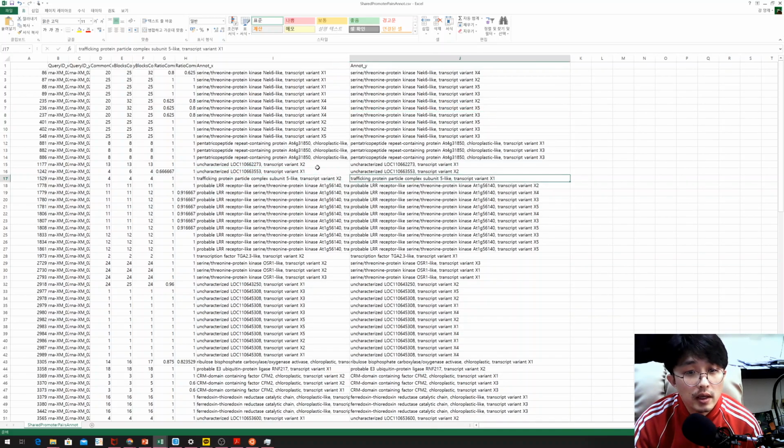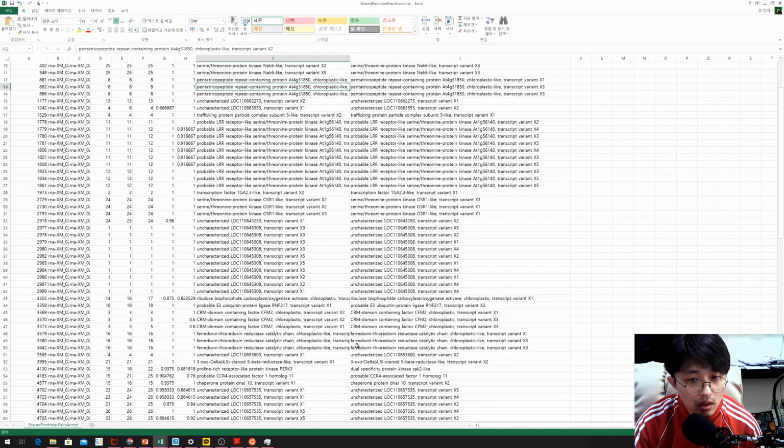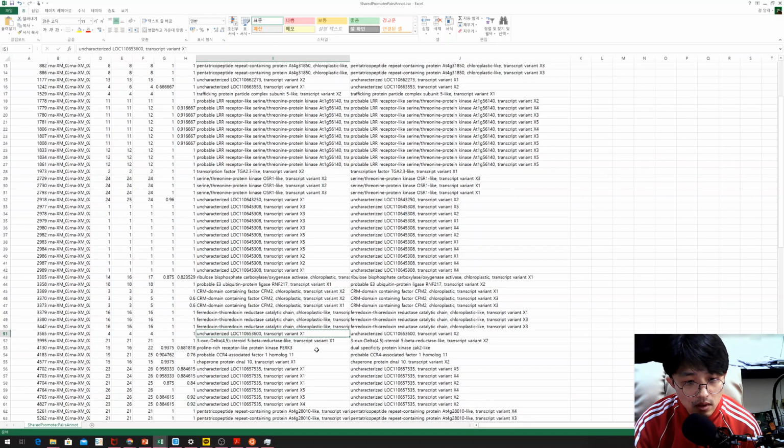So, as expected, this shared compound is kind of a transcriptional variant, and maybe we can find another example. Let's see.